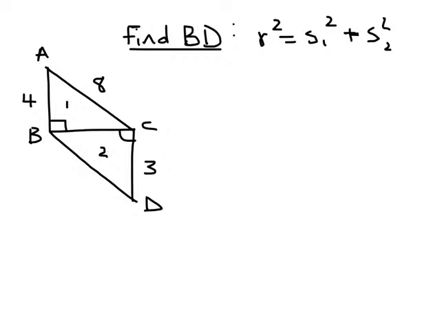Now let's substitute where you have 8 squared, which equals the hypotenuse, and 4 squared is side 1, plus side 2 squared. So the question now is, which one is side 2? Side 2 is that BC. So instead of writing it as side 2, let me just write it as BC squared.